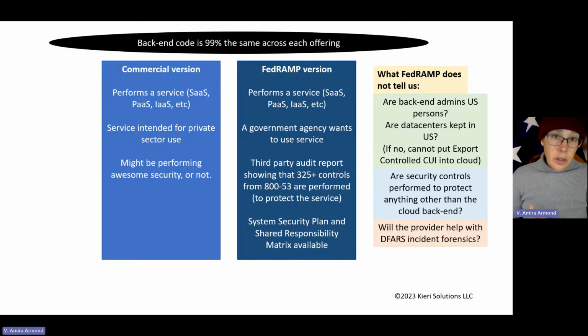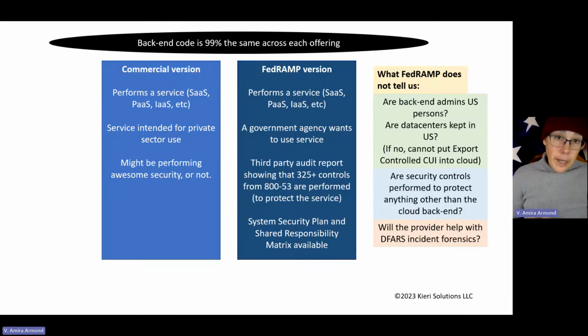You are allowed to store them in a FedRAMP cloud in India using India's support. That's okay. All right. You still have to make sure the personnel are trustworthy, that they're background screened, but they do not have to be US persons.